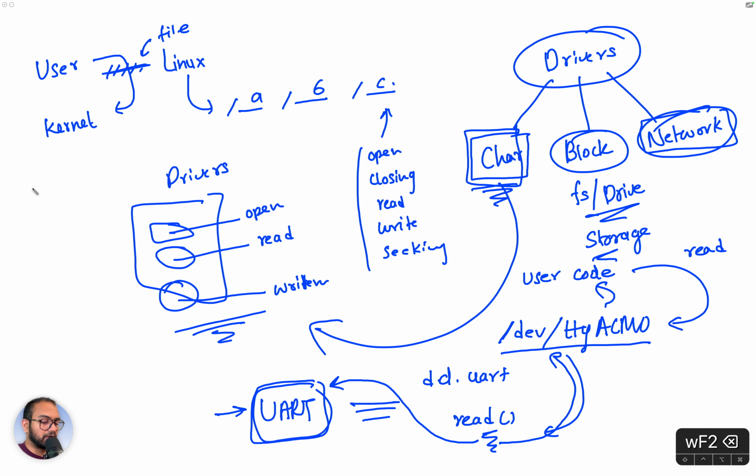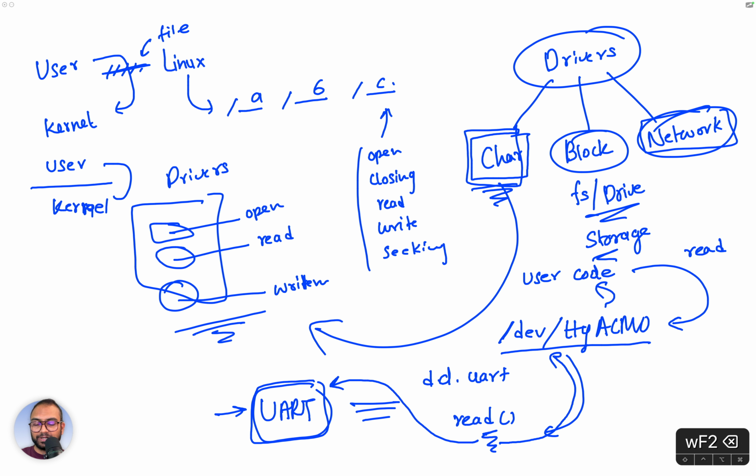So this is how we go from user code to kernel code or kernel driver via system calls, and the system calls are triggered by doing read and write, or by doing some operation on the files, right? So this is also very key, that a device driver is triggered by doing file operations on a file, and that file represents access to that hardware.